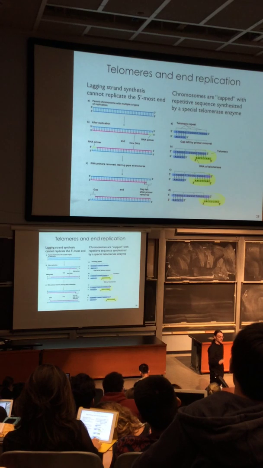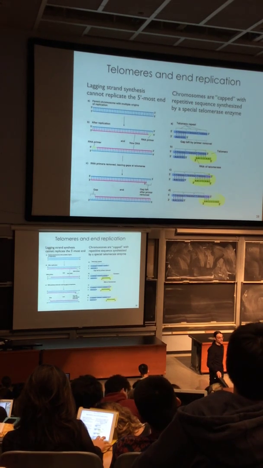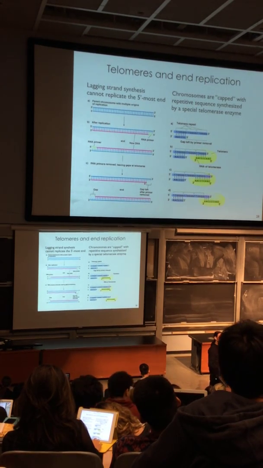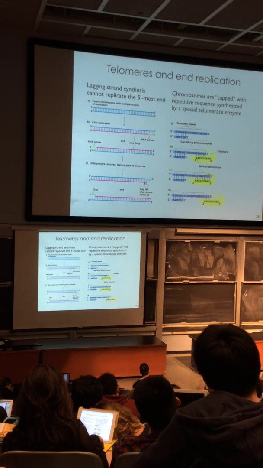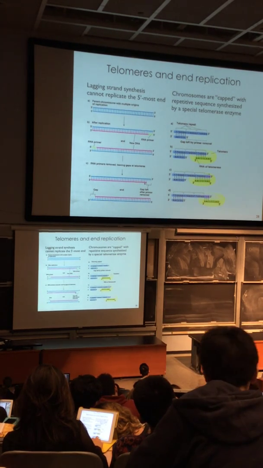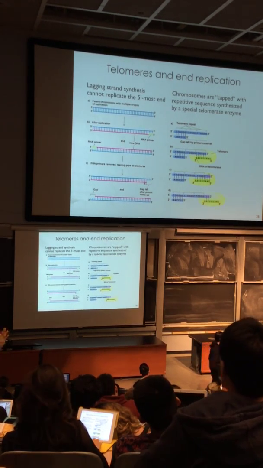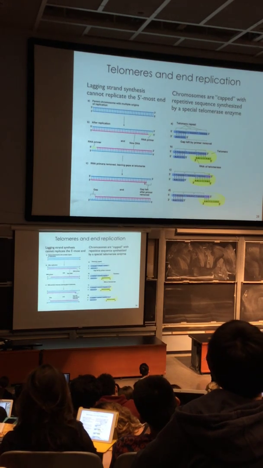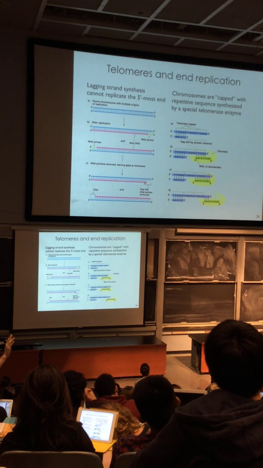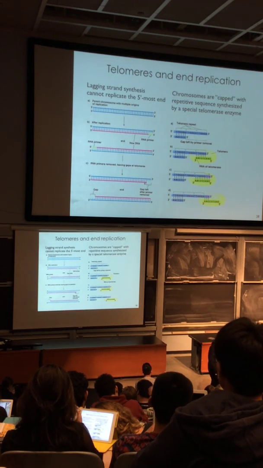The cell needs to do something, either reactivate telomerase or find some other solution to these DNA ends, in order to successfully replicate indefinitely. So this is an interesting bit of molecular biology that's turned out to have a pretty profound impact on cell biology and on preventing cancer in a multicellular organism.